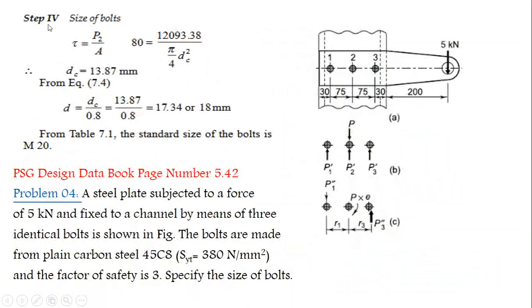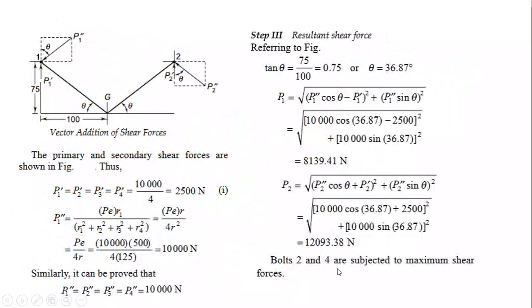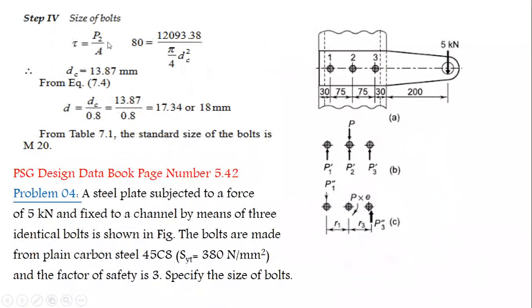Next, we can find the size of the bolt. Shear stress equal to load by area. Generally, we go with the maximum load. Here bolts 2 and 4 are subjected to the maximum shear stress, so we go with bolt 2. Shear stress equal to P2 divided by area.